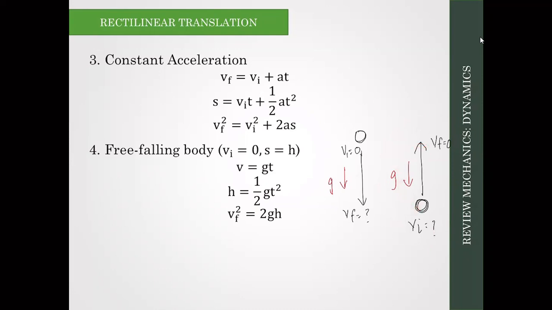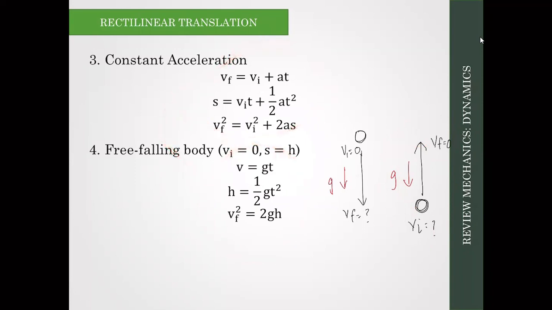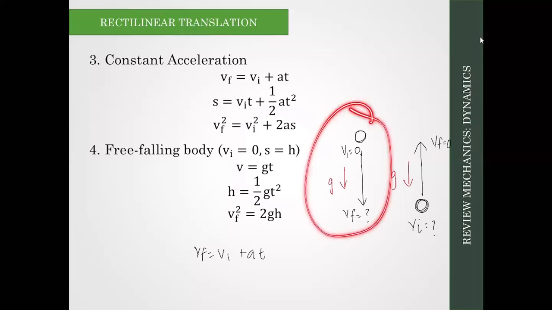Okay? And this formula is also taken from this formula. Okay? So, pakita ko lang yung una, no? So, yung vf is equals to vi plus at, no? Since ang initial velocity natin kapag free falling body, again, is 0. So, vf natin will be equals to 0 plus, and then acceleration present natin is yung gravity natin, no?